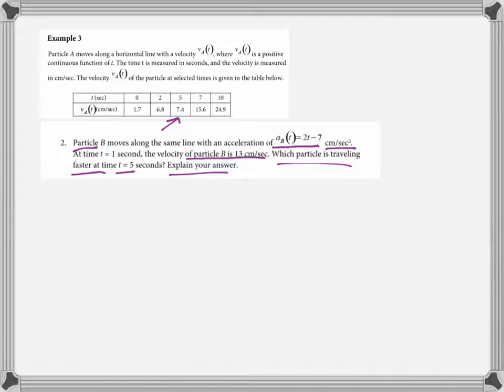So you just have to calculate the velocity at t equals 5 for particle B, and you were given acceleration. To get from acceleration to velocity, what do you do? You go backwards, right?